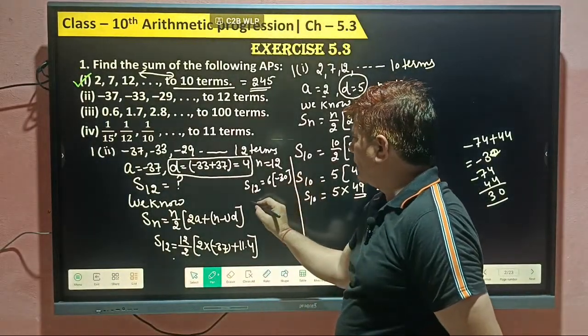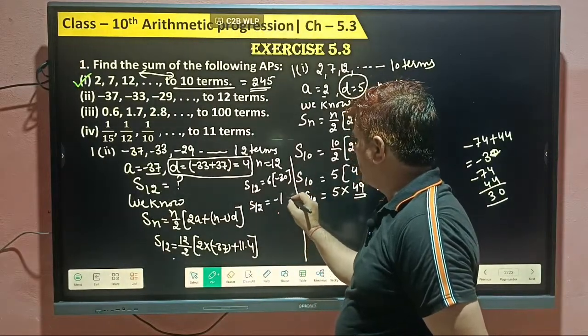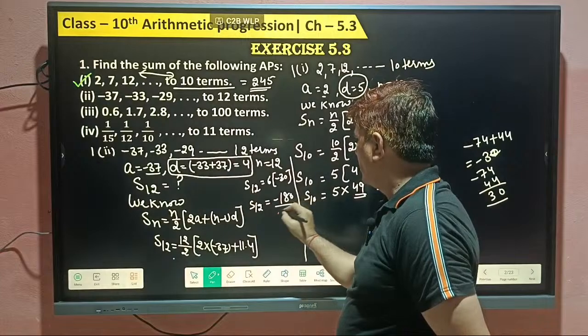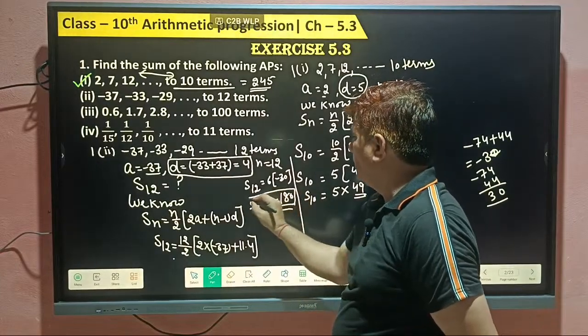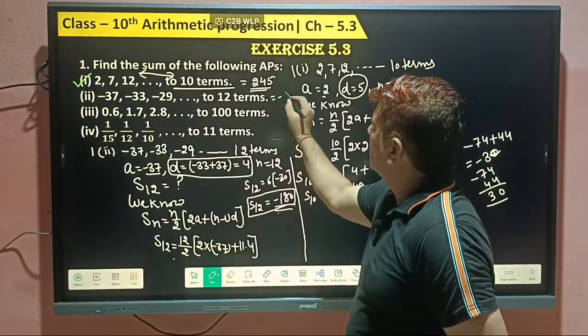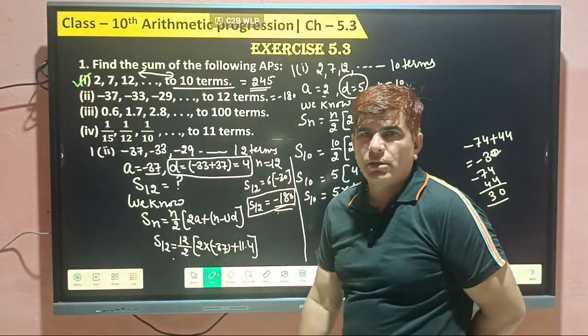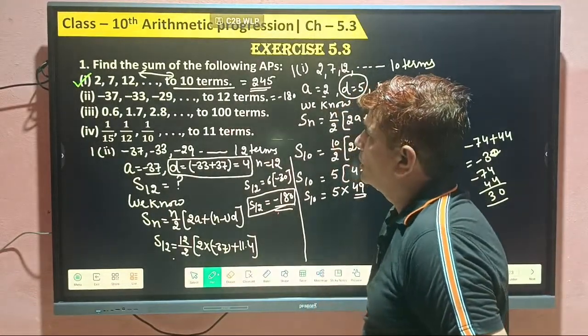Now multiply: S12 equals 6 into minus 30. So this is your answer, the sum is minus 180. Got it?